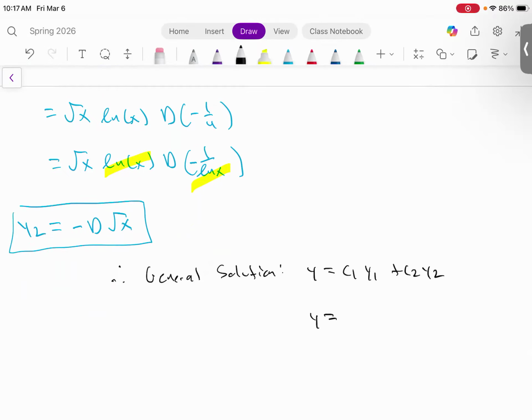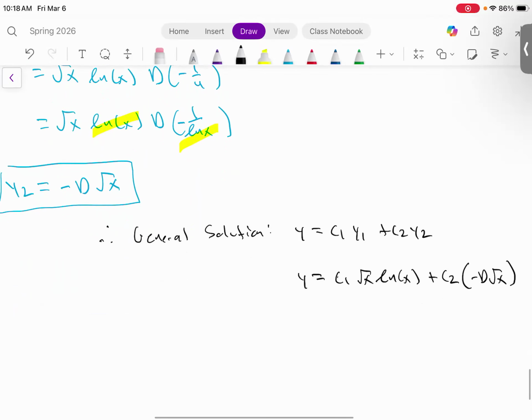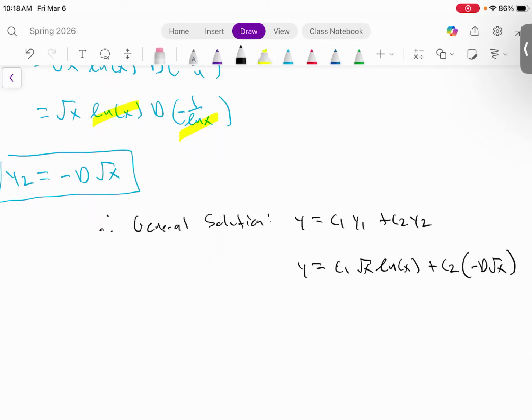It's y equals c1 and my given solution, square root of x natural log of x, plus my c2 times negative d root x. But we have a weird situation here. We have two constants, c2 and negative d.